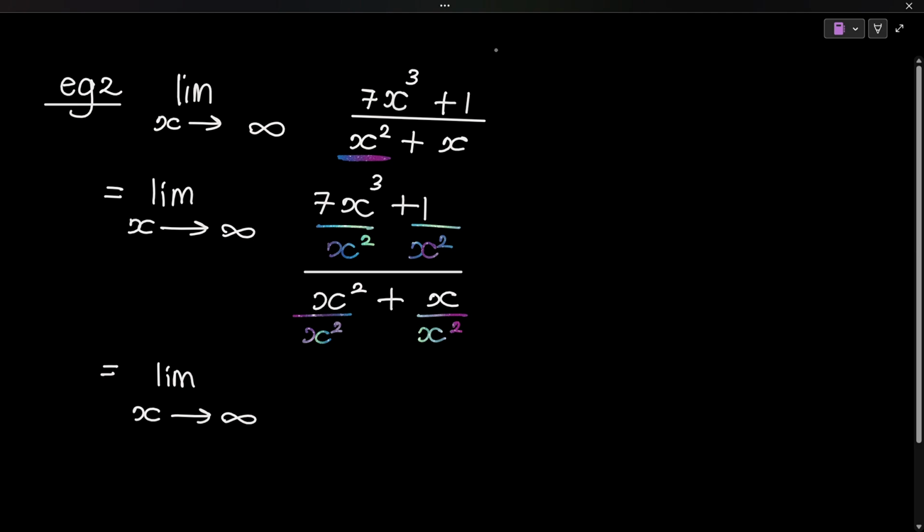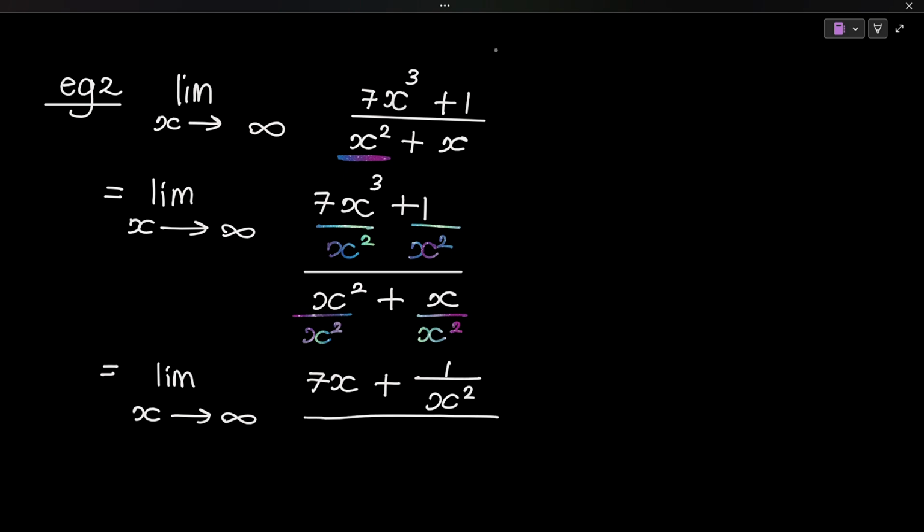So in our first term, we've got 7x cubed over x squared. Simplifying, that gives us 7x. In the second term, that's just going to stay as 1 over x squared. In the denominator, we've got x squared over x squared. They can cancel out with each other, and we are left with 1. And in the second term, we have x over x squared. That is going to simplify to 1 over x.